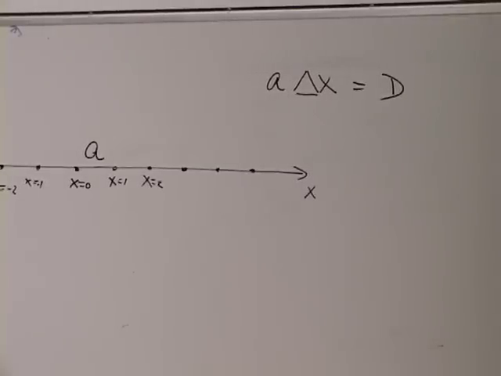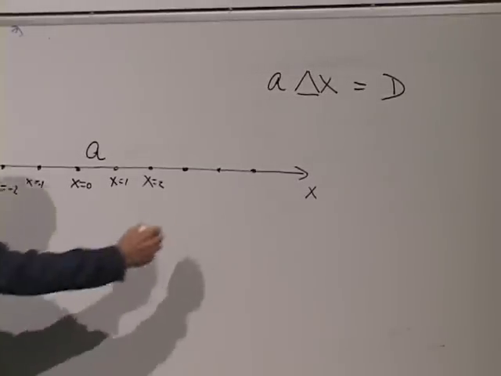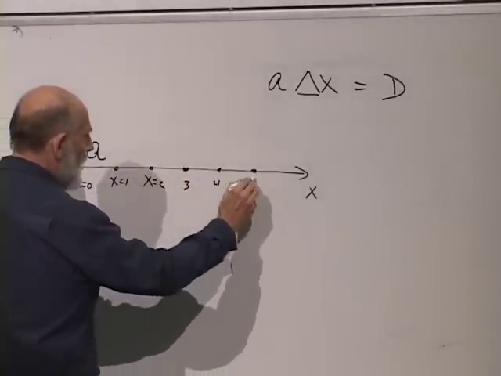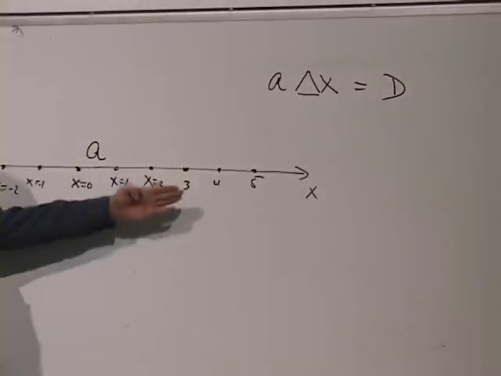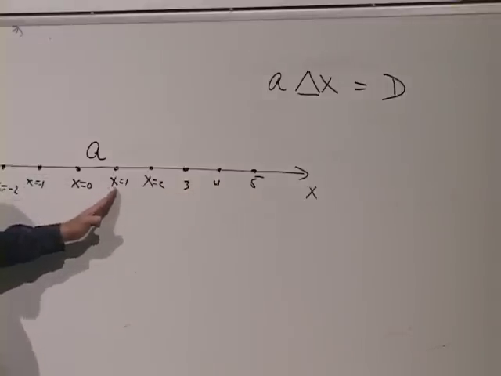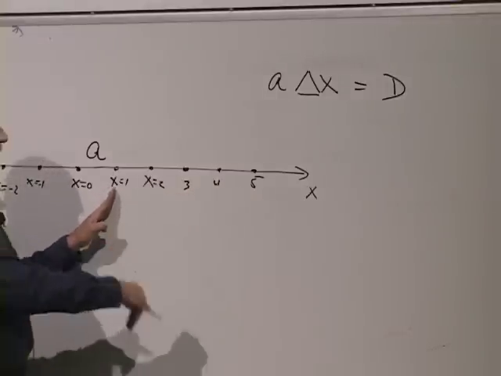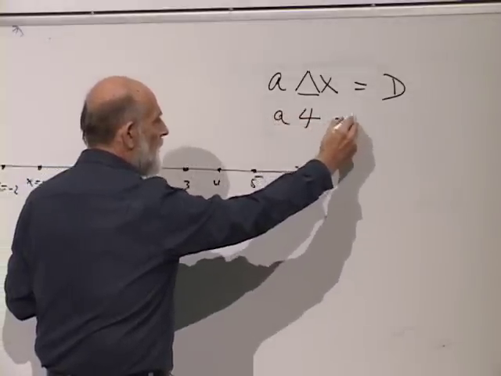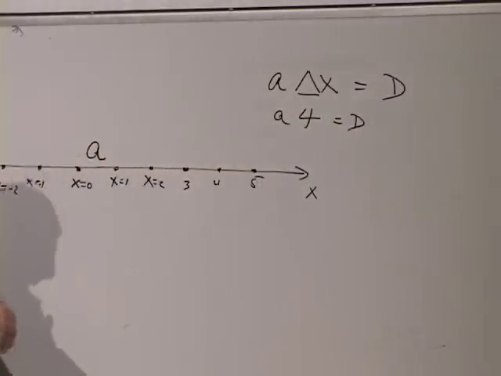Delta x means the difference of x. This could be x equals, let's see, 1, 2, 3, 4, 5. The distance between the galaxy called x equals 5 and the galaxy called x equals 1, that's delta x equals 4 times a is the distance. A times 4 is the same as 4 times a.